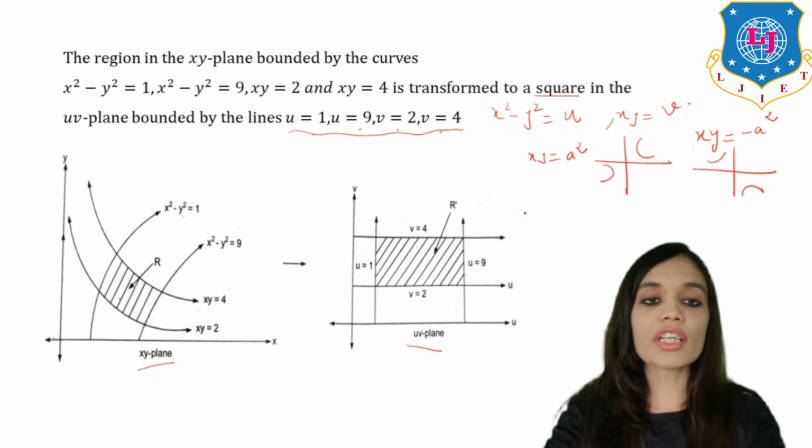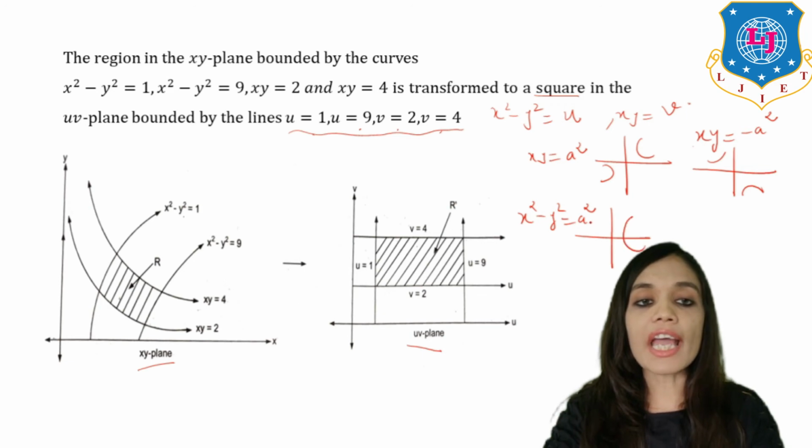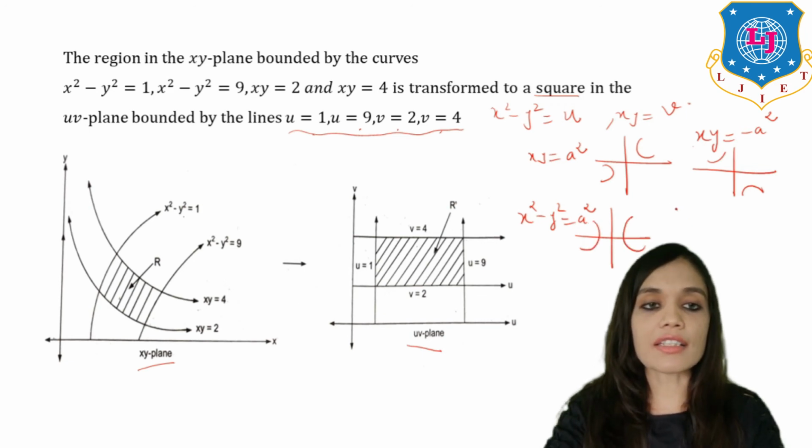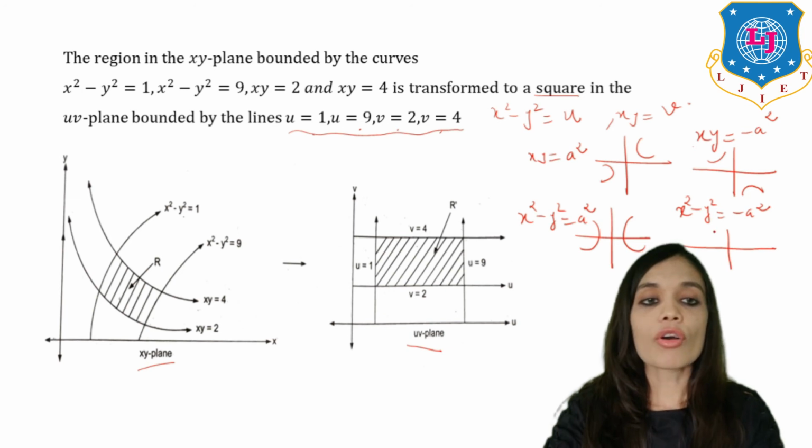And suppose you are given the equation of the hyperbola as x square minus y square is equal to plus a square, right? Then our graph will be along our x-axis, right? And lastly, if x square minus y square is equal to minus a square is given, then the hyperbola lies over the y-axis. Okay, so there are in all a total of 4 types of hyperbola.